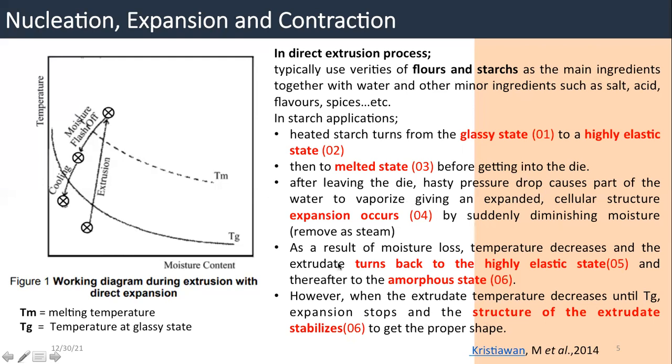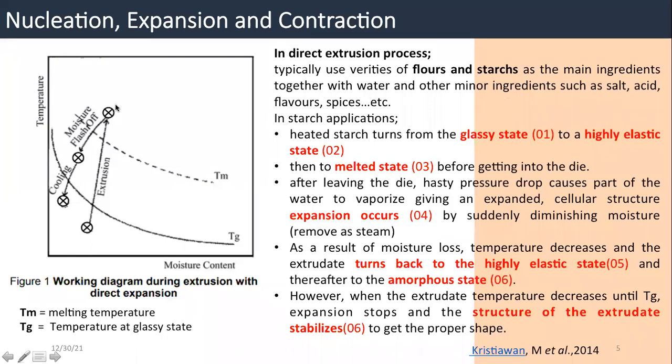Then further cooling, right? Here you can see. As a result of moisture loss, temperature decreases and the extrudate turns back to the highly elastic state, right? Then again, the texture, you can see highly elastic stage because the temperature has decreased. And thereafter to amorphous state. Amorphous state, I will show you some pictures later. Now you can see initially the glass state is there, then it changes into highly elastic state.